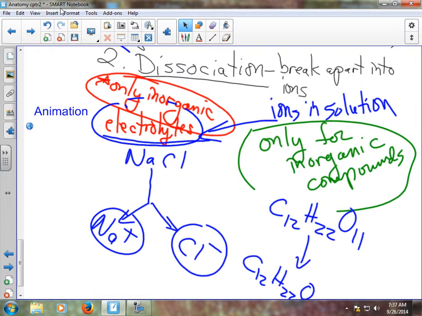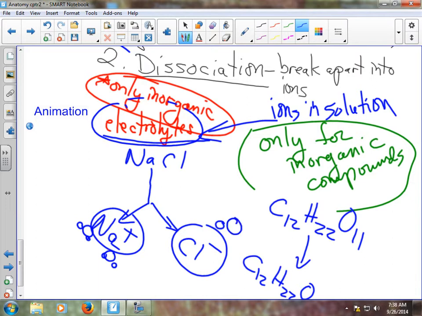So last time we were talking about dissociation, which is only really for inorganic stuff. If I plop some salt in, I don't need to show the animation again, do I? You remember doing that? Okay, so they put the little teaspoon of salt in, and basically water hydration shells end up surrounding these things. The positive gets attracted to the negative side of water, whereas the negative gets attracted to the positive side of water.